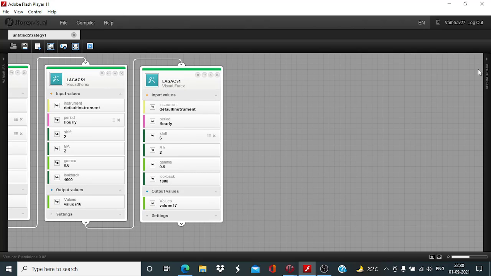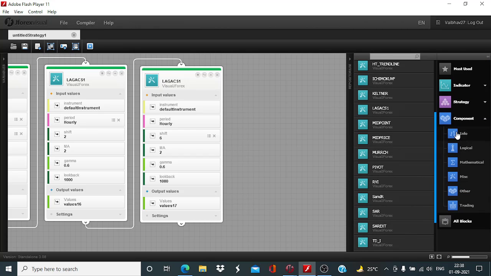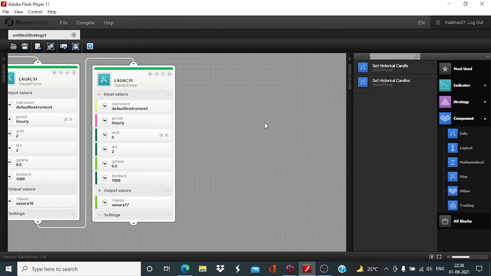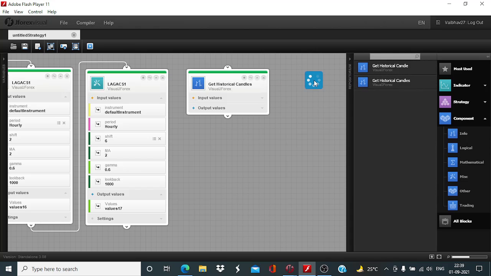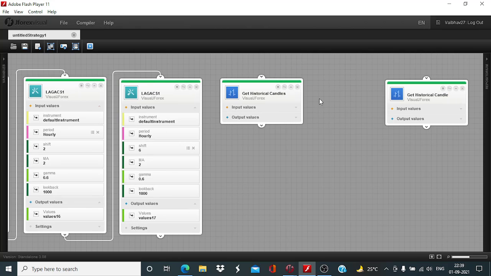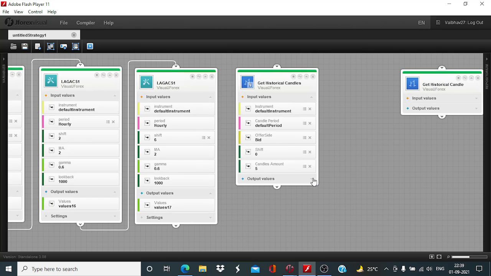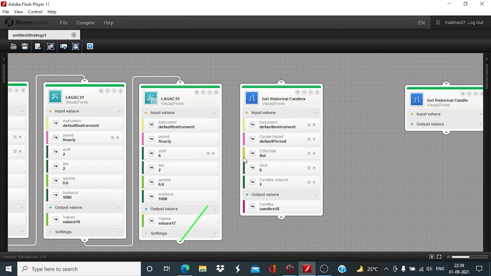To look at the price volatility, we are also going to take the help of info blocks, the get historical candles, and also single get historical candle. We will also need loop viewer as we get the array of data as the output for this cluster of hourly candles.